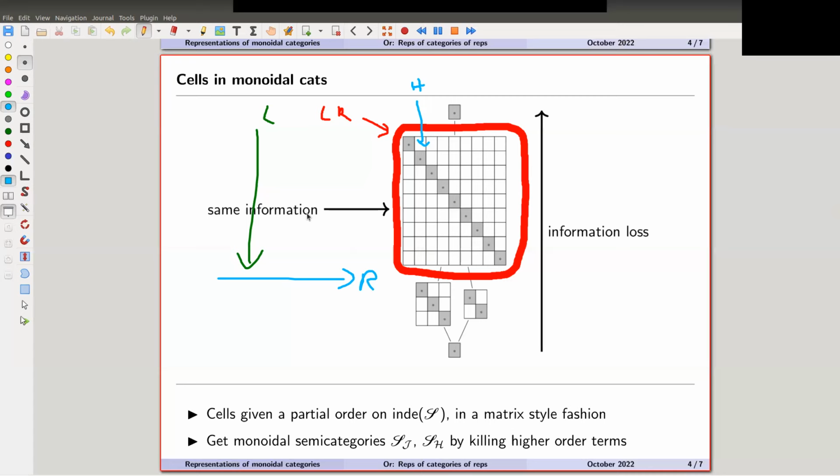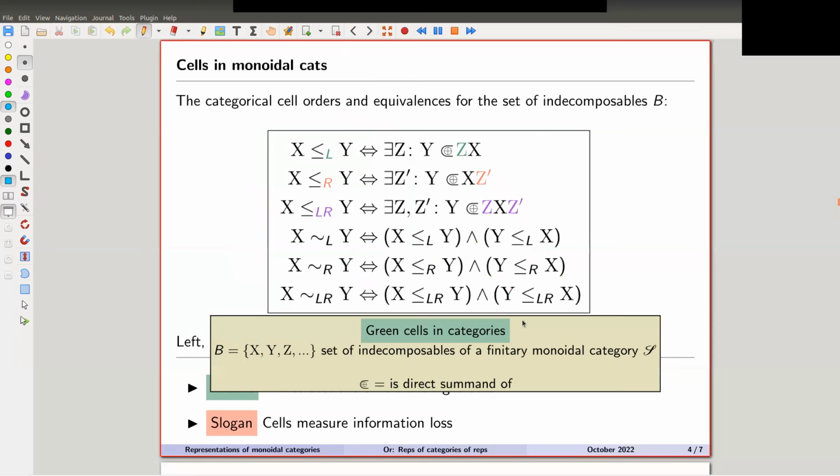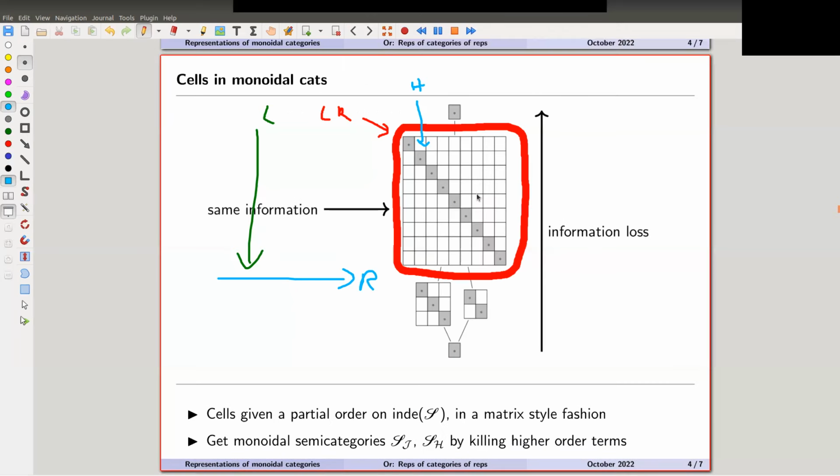If you can go one slide back to the definition, with the L, it's about tensoring on the left and then finding Y in there. With the R, it's on the right. And with the left-right, it's on both sides. Yes, left-right is both sides. And on the next page, it's about the left-right, not about the equivalence class.